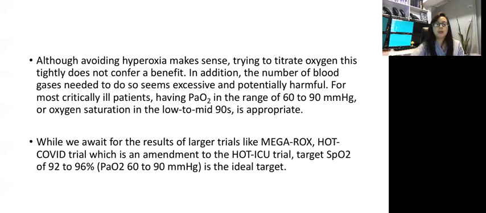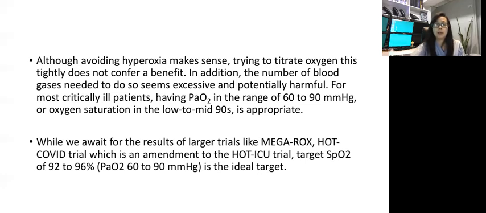Although avoiding hyperoxia seems to make sense, trying to titrate oxygen this tightly does not confer a benefit. In addition, the number of blood gases needed to do so seems excessive and potentially harmful. For most critically ill patients, having a PaO2 in the range of 60 to 90 millimeters of mercury or oxygen saturation in the low to mid-90s is appropriate.